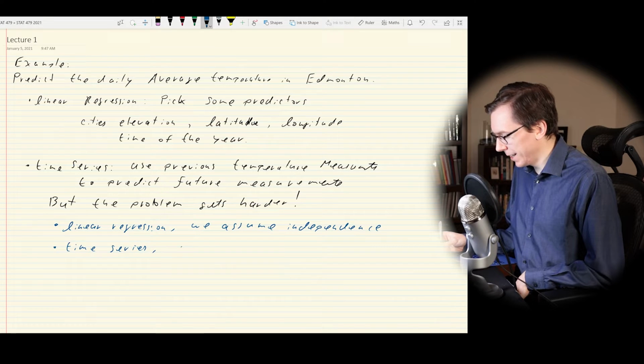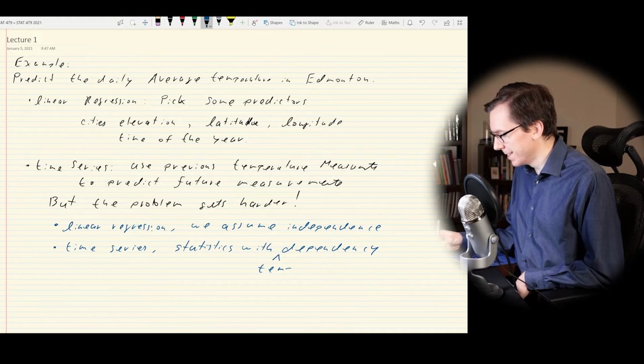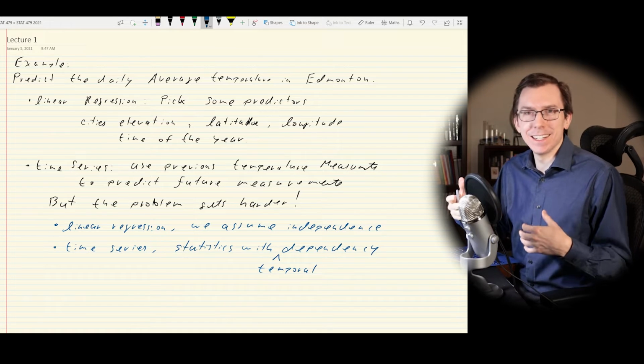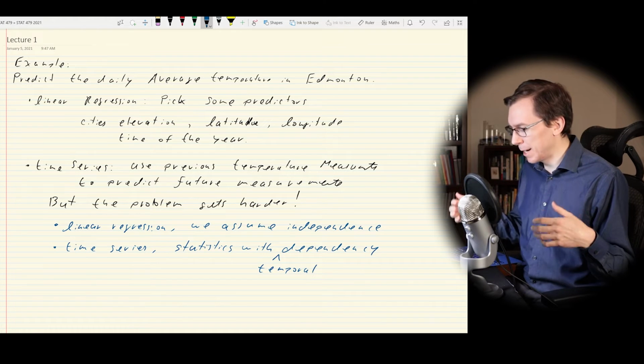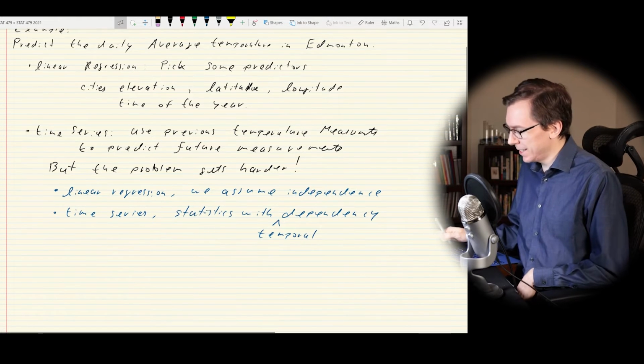We're basically doing statistics with dependency. Specifically, a temporal dependency. Of course, there's also other areas of statistics like spatial statistics where you might have some type of spatial dependency and whatnot. But here we have temporal dependency.